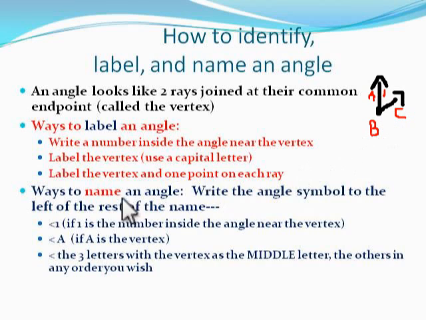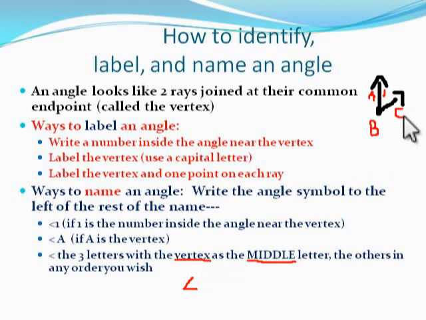And we're going to look at how to name it. The angle symbol, and then the 1, if that's how it's labeled, or B, if that's how it's labeled, or if it has all three, then you need to write all three letters. The most important thing is that if you do have to do it that way, your middle letter needs to be the vertex.